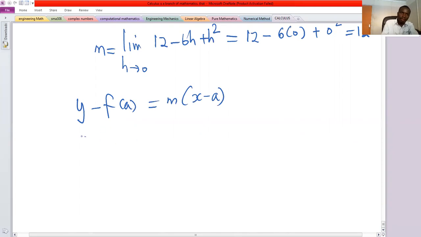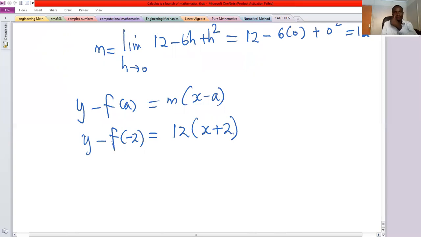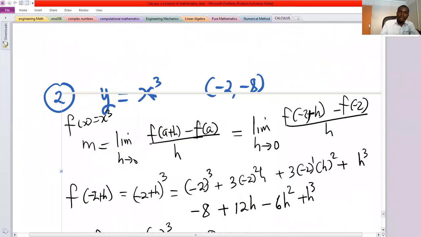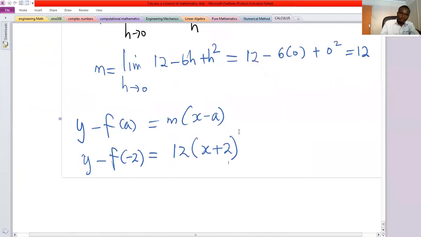And remember, our a is -2, m we have gotten to be 12. Minus is plus. f of -2 from our working, we got the answer to be minus 8. So we'll have y plus 8.